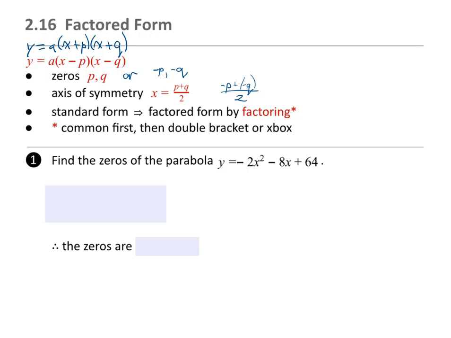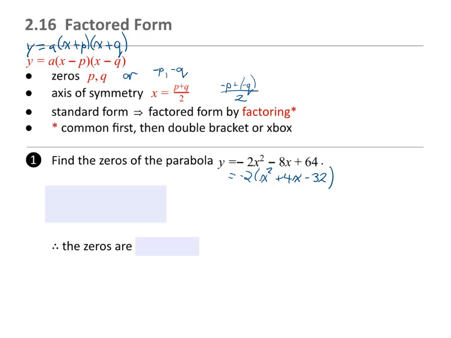First question, find the zeros for negative 2x squared, negative 8x plus 64. And to do this, we take out a common factor first, and we are left with negative 2 out in front. We have x squared plus 4x minus 32.